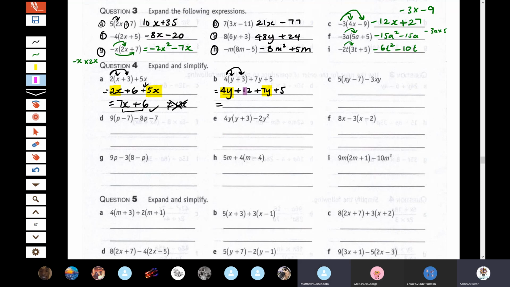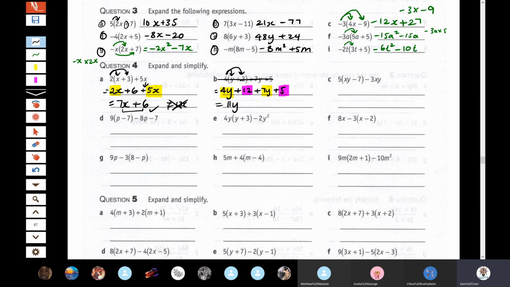12 and 5. They're like terms as well. 4y and 7y is 11y. 4 plus 7 is 11. So once you've expanded, you forget about that line. You're only looking at this line here.